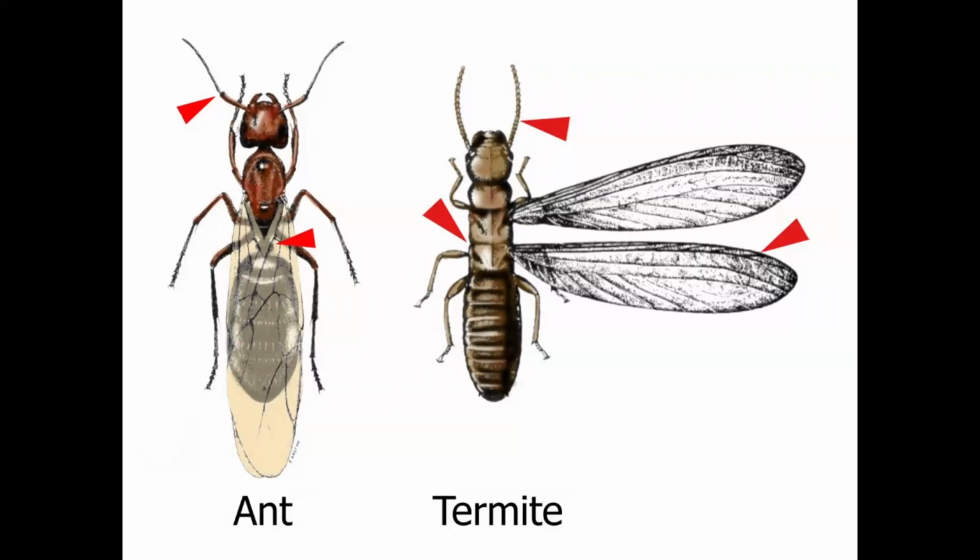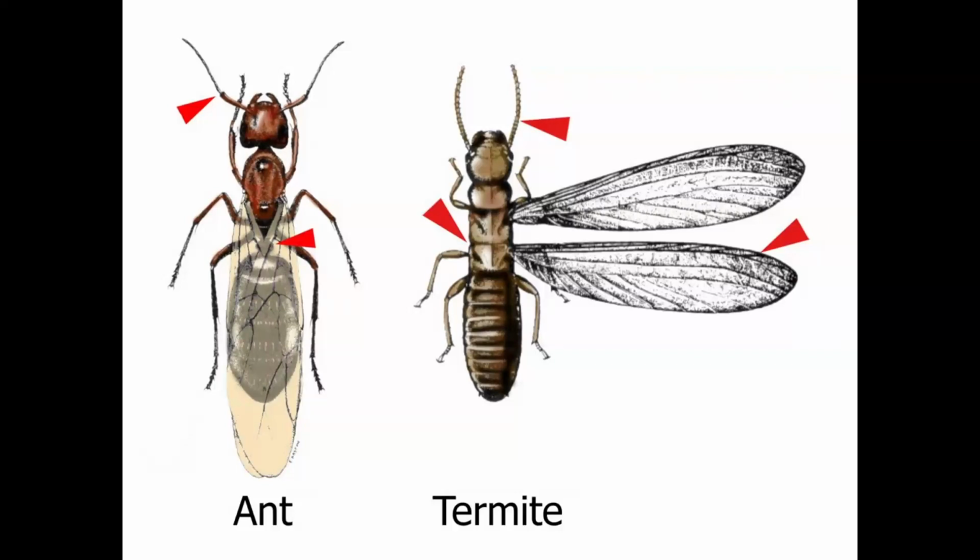So when we're looking at our ants and termites, the first thing to look at is going to be the antennae. Ant swarmer antennae are going to be elbowed. They have that bent part.